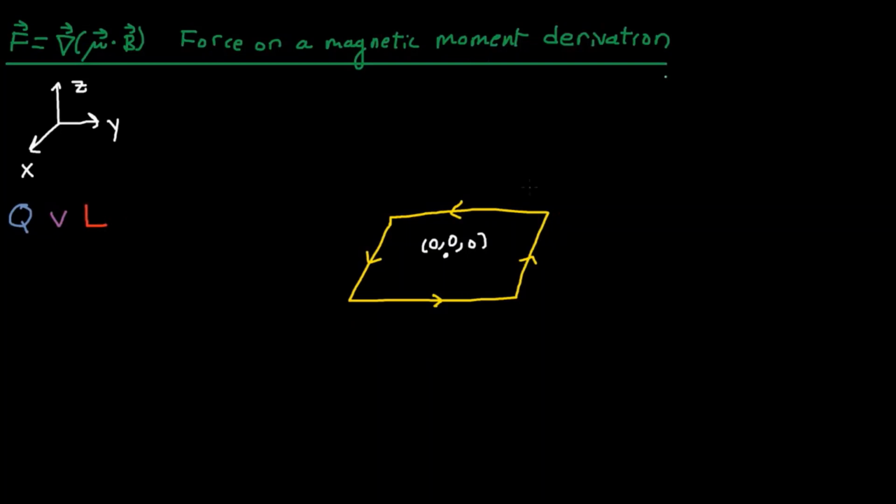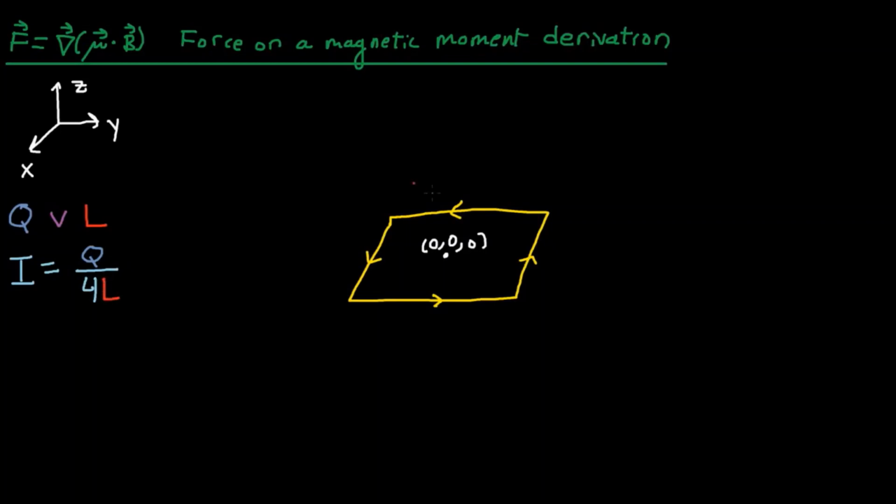Now we can also write this in terms of the current, right? Here we have Q, v, and L. But we can write the current going around the wire. That's going to be equal to the linear charge density times the velocity. So linear charge density is going to be Q over 4L.